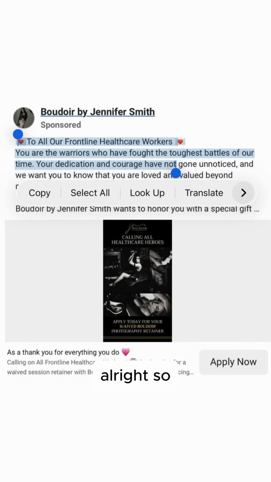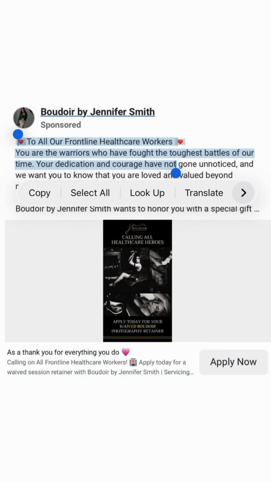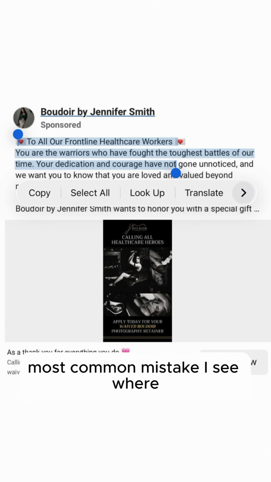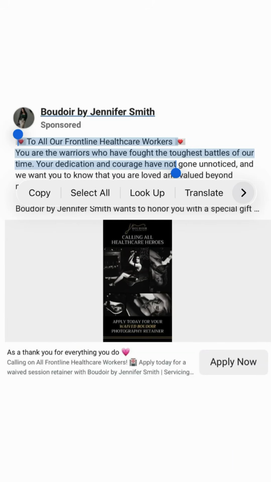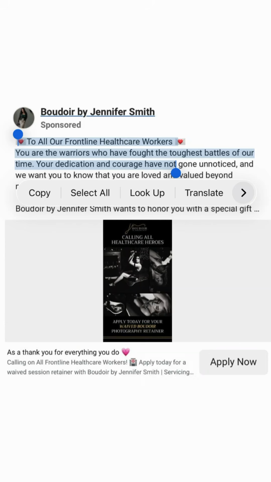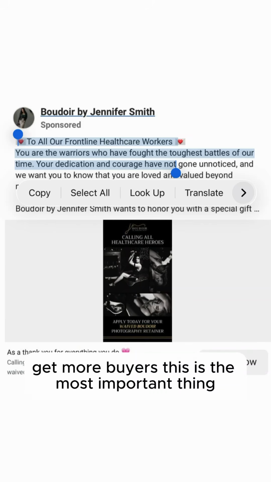All right, so yeah, we only got one point of context here. So yeah, it's just the lack of context mistake, the most common mistake I see, where we are believing that a small amount of context in our headline is the right way to bring more women in, get more buyers.